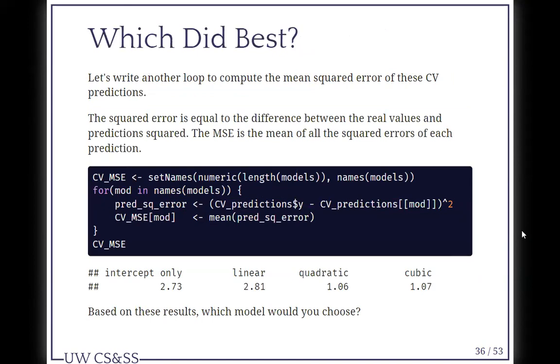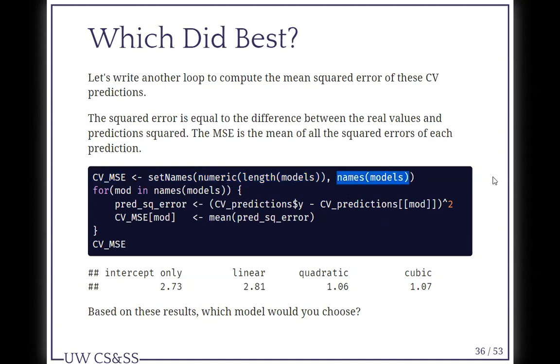So we did all of that, and now we can say which model is best and be statistically grounded while we talk about it, instead of just eyeballing the graph. But first, let's write another loop to compute the mean squared error of these CV predictions. The squared error is equal to the difference between the real values and the predictions squared. The mean squared error is the mean of all of the squared errors of each prediction. So we will create object CVMSE, where we set the names to a numeric vector that is the same length as the amount of models that we have.